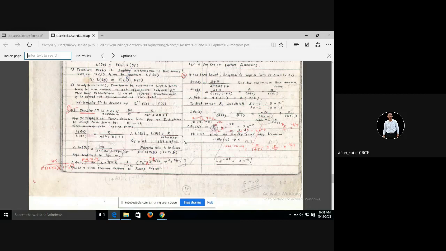Alright. Now what is my theta I? Theta I is nothing but h into t. So what is Laplace of ht? We have seen, isn't it? Laplace of ht is h by s square. We have also proved Laplace of ht is h by s square. Are you understanding?